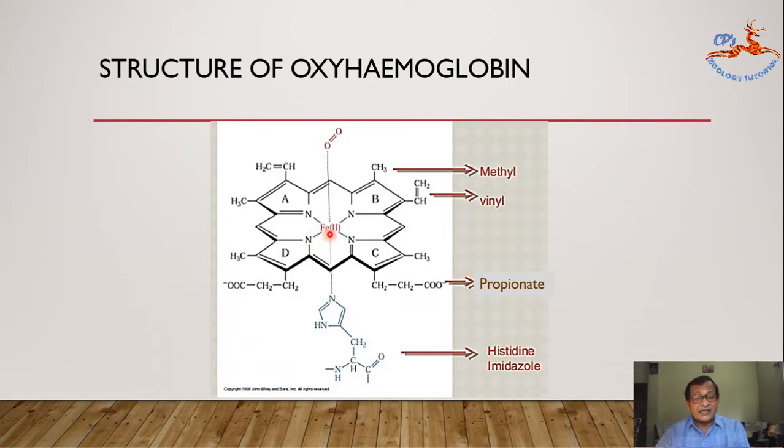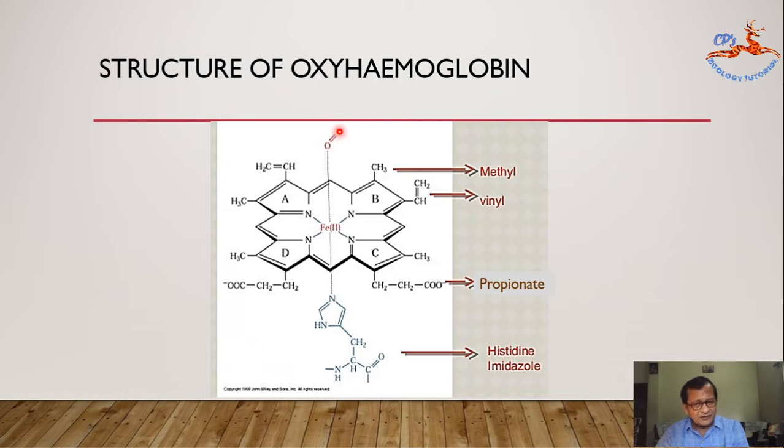Another axial bond, in the other plane, the 5th bond, is bound with the same peptide chain of the globin structure at the 8th position of the F alpha helix. The 6th bond binds with oxygen.